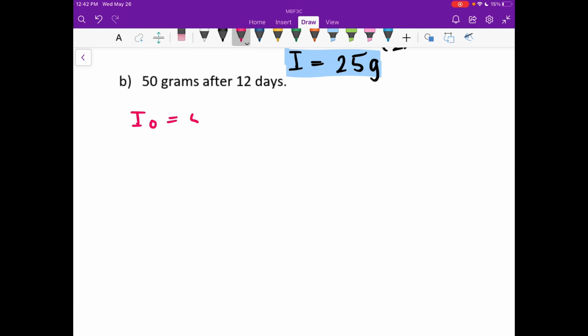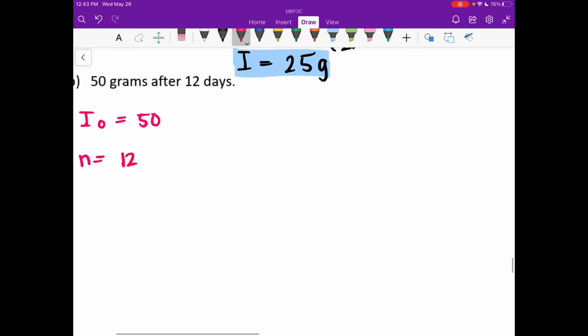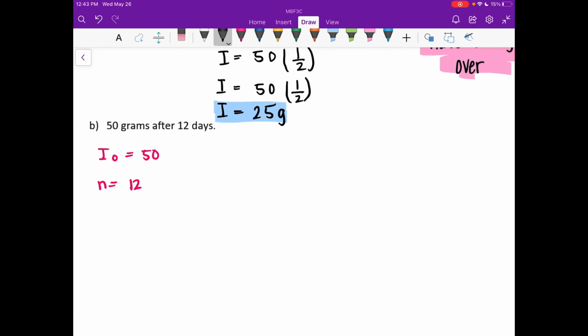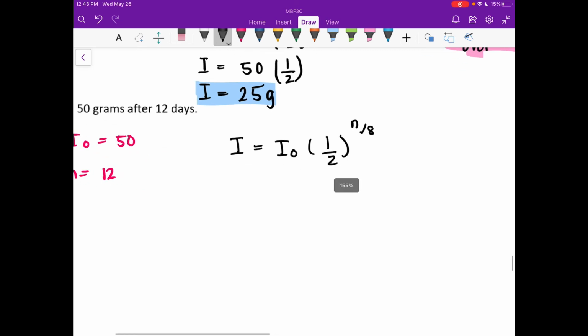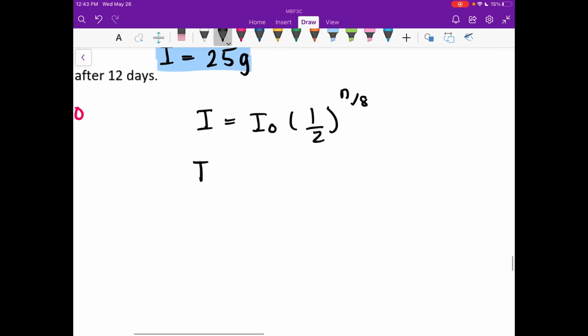Our N is going to be 12 this time. We're still using the same formula. So we're going to use I equals I naught, 1 half to the power of N over 8. I, we don't know what that is. I naught, we know is 50. That's how much we started off with. 12 days is how much time has passed, over 8.